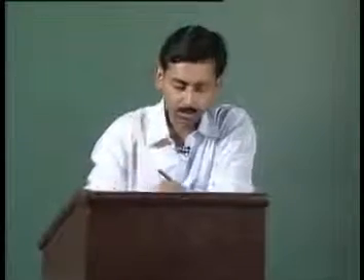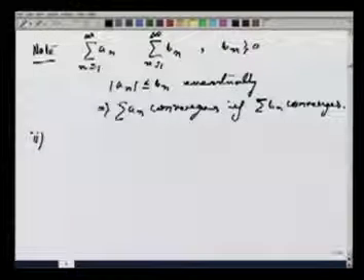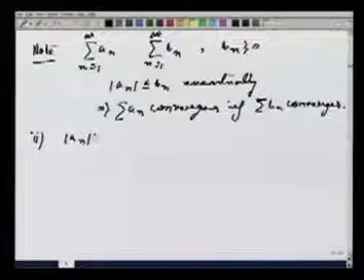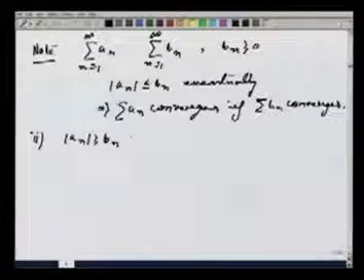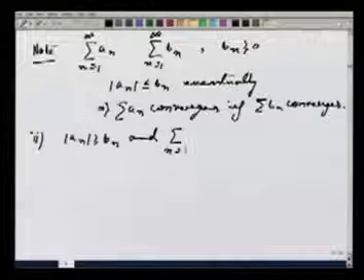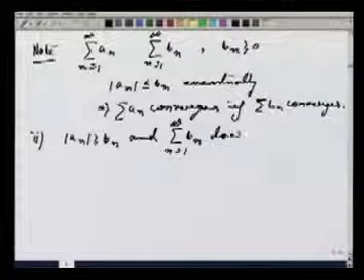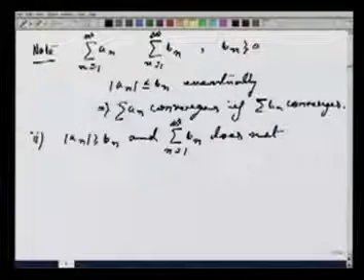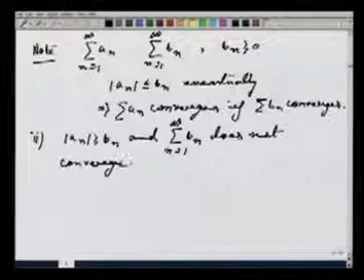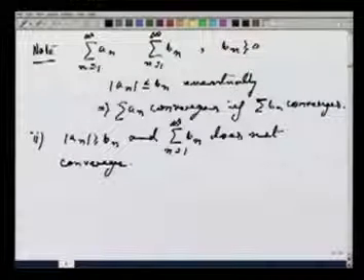Okay. Now let us come to the proof of part 2. I know that mod an is bigger than or equal to bn and summation bn does not converge. I want to prove that summation an also does not converge.